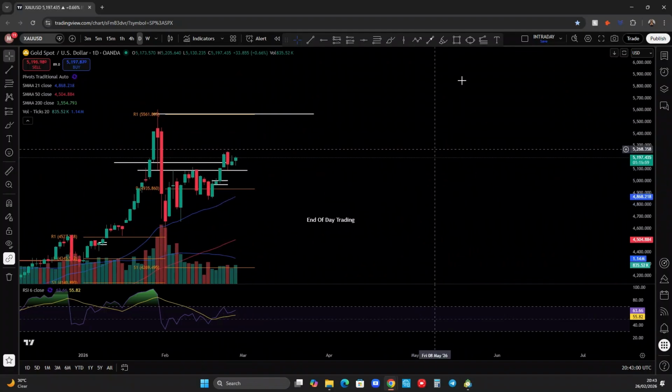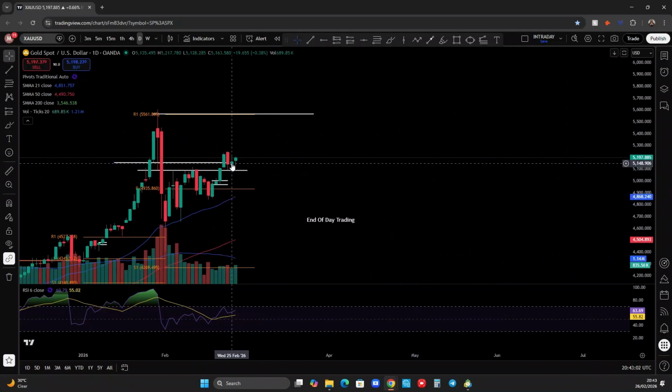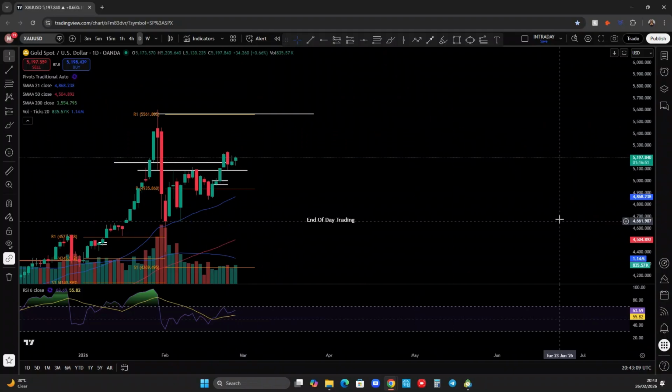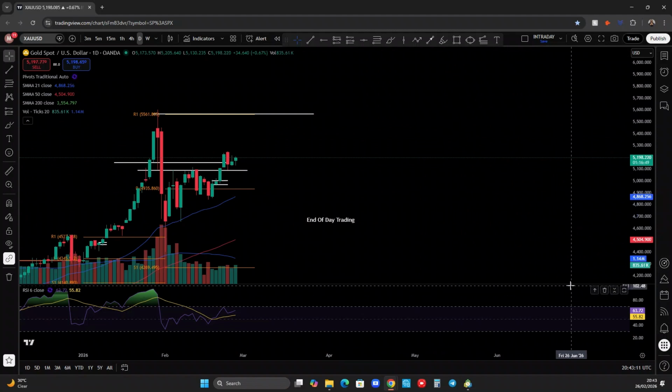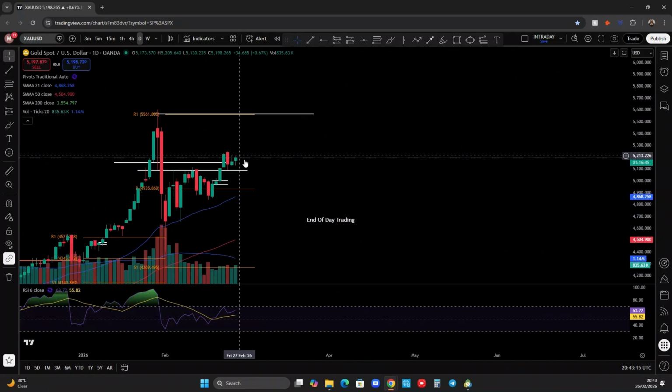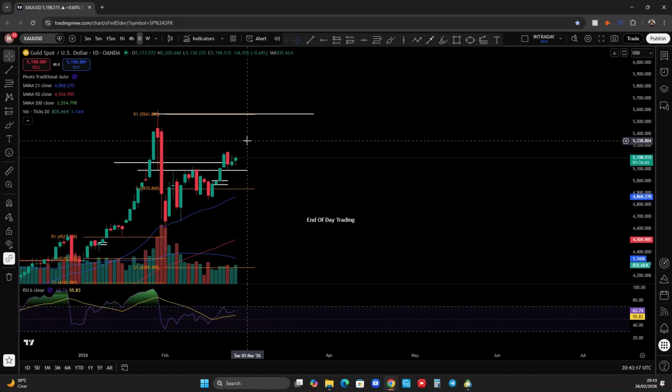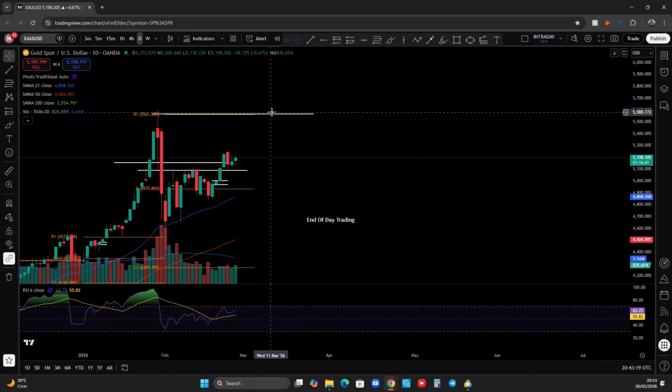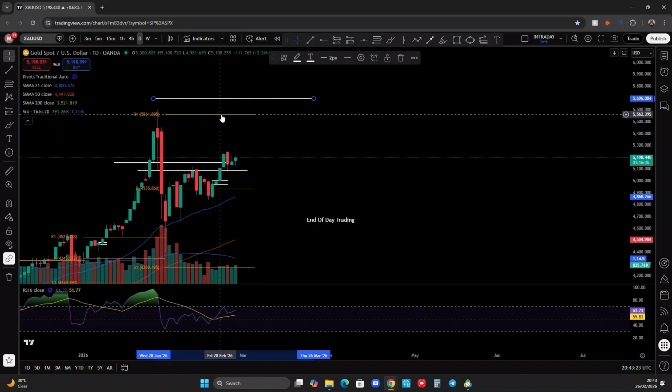I would be marking this here, the sideways movement, and waiting for the breakout. That's what I would be doing. Waiting for that breakout, and then upon that breakout, entry here. I will still look and be cautious at this level here because this is where the pivot line is, right?